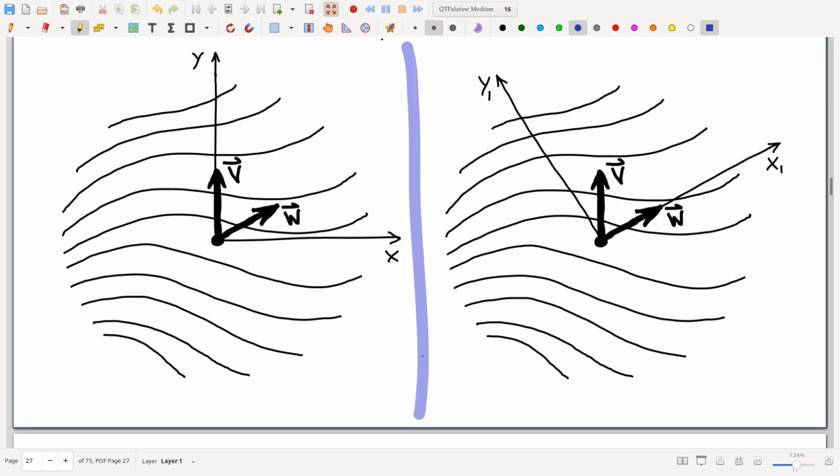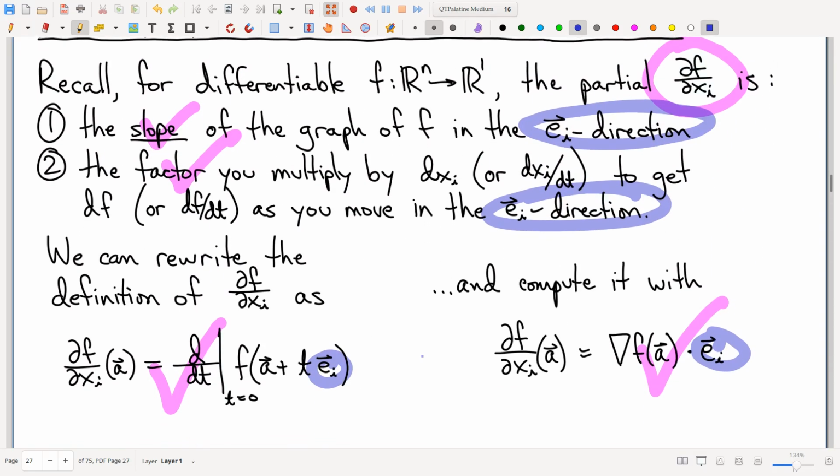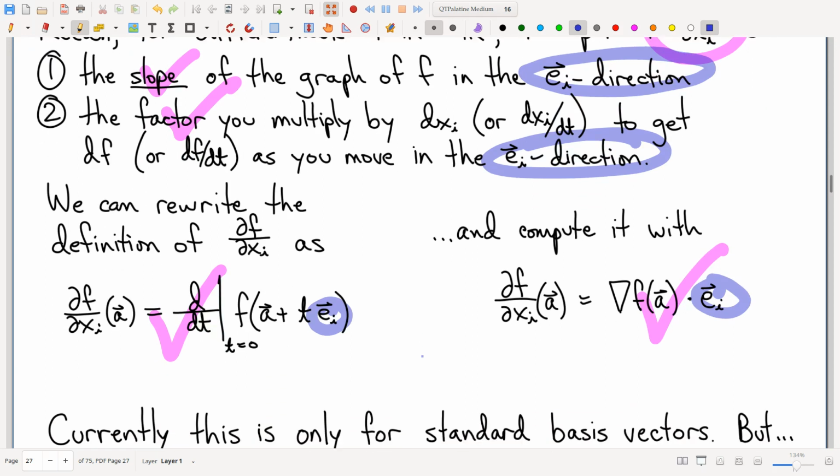So the point here is that everything that I've got written down up here, I called it about partial derivatives, but let's kind of ignore that. These things that I've got written in purple here, that slope of the graph, that multiplicative factor, this expression, that expression, these things are always going to be equal.